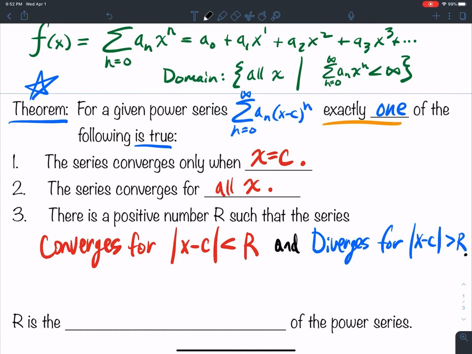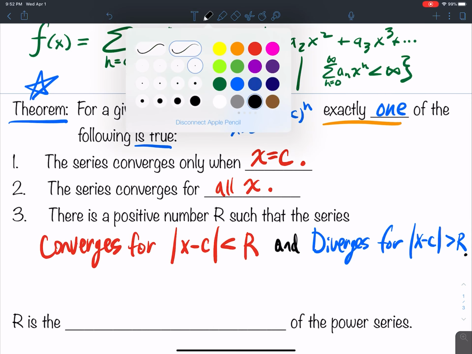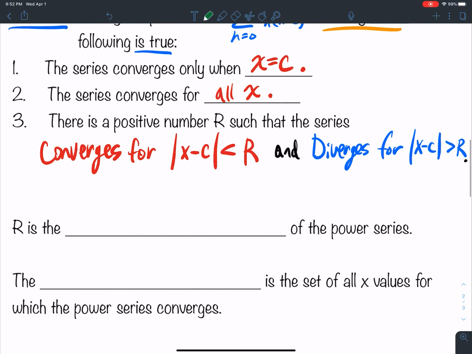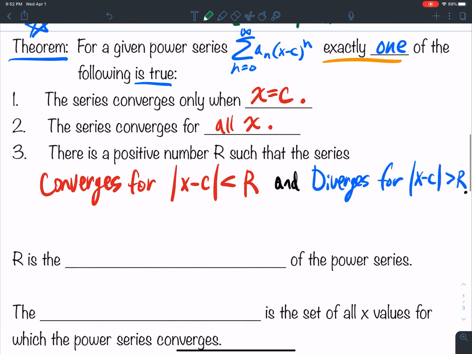Now, in the scenario, and you may not understand this yet, but you will soon. In the scenario, you know what? We'll talk about that in just a second. We'll come back to this, okay? So, r is what? r is the radius of convergence. Okay?